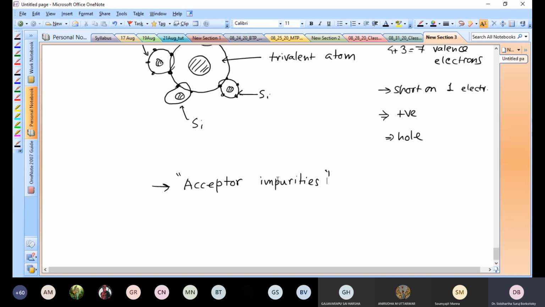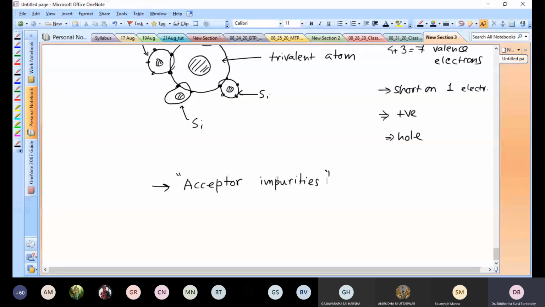Now the question is, as I said before, if you're looking at the creation of free electrons and holes by way of thermal energy, you always get the same amount of electrons and holes. That was true for an intrinsic semiconductor, where you increase the thermal energy, increase the heat, and then you get electrons.